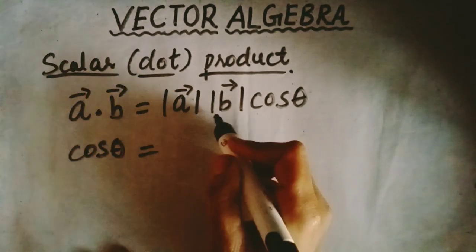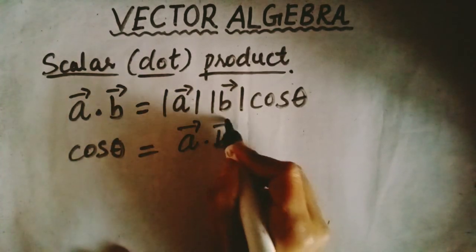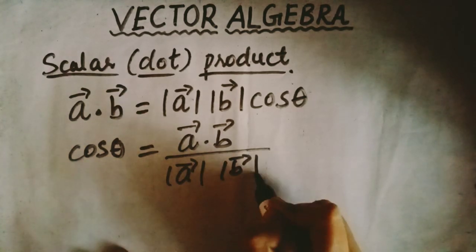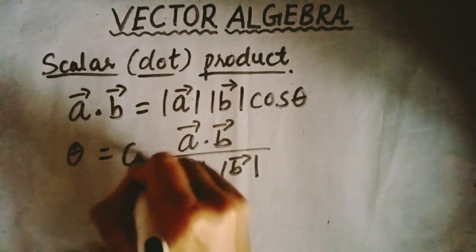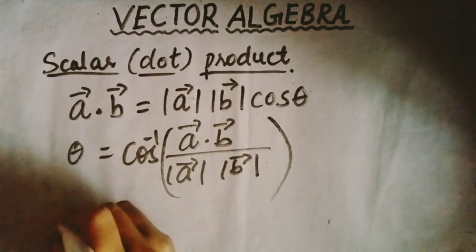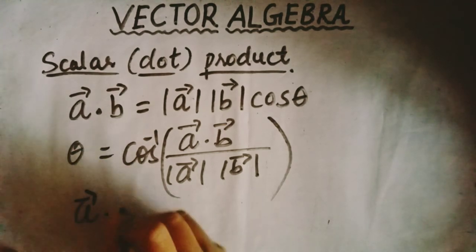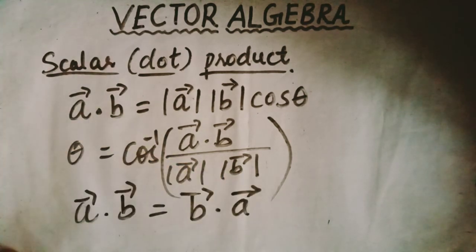You have to take magnitude of A and magnitude of B to that side, so this will be A dot B upon magnitude of A into magnitude of B. So your theta will be equal to cos inverse of this. Now the next property is that the scalar product, that is the dot product, is commutative, that is A dot B is the same as B dot A.